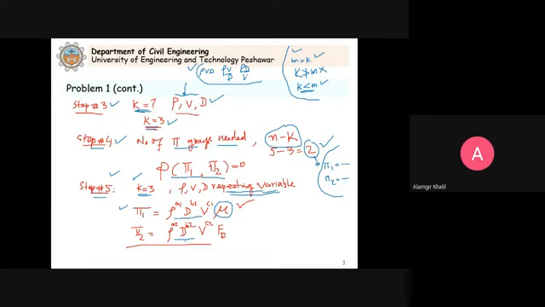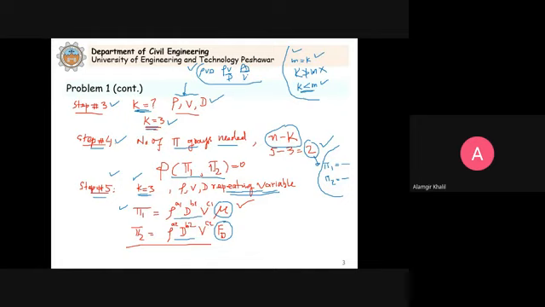Because they repeat, we form the pi groups, and then we simplify, we assign these arbitrary exponents or powers. So how do we make the pi groups? The 3 repeating variables and 1 non-repeating. And for the repeating variables, we assign these arbitrary exponents.